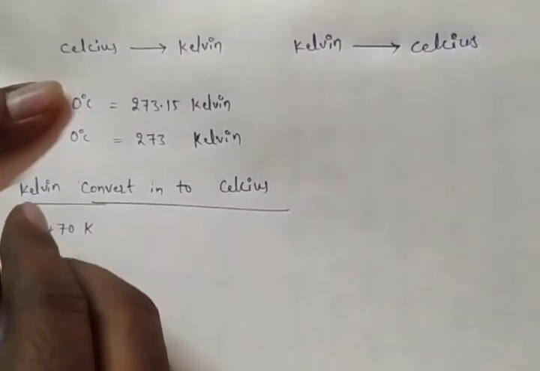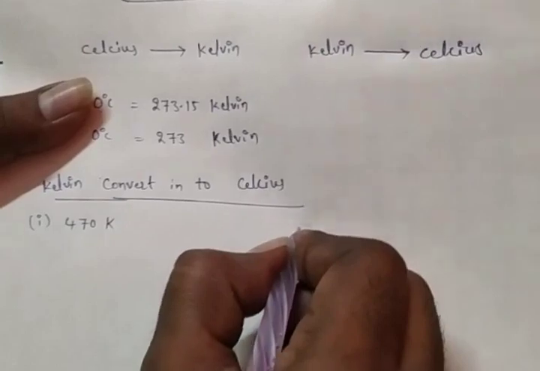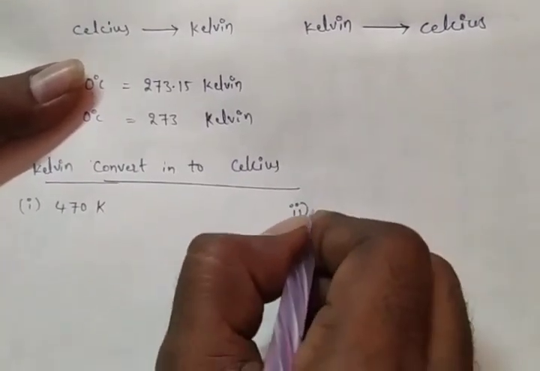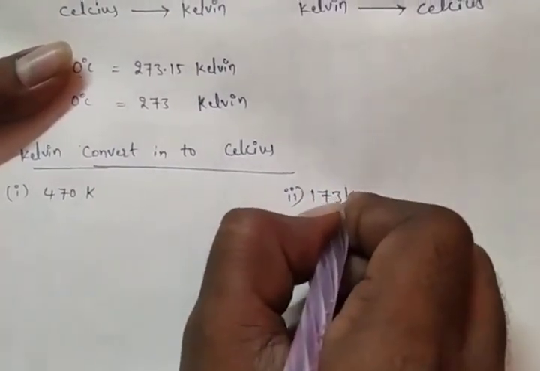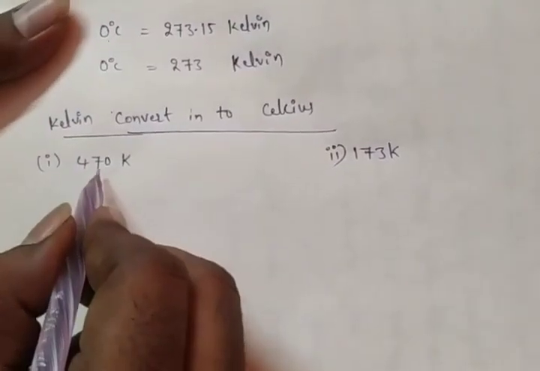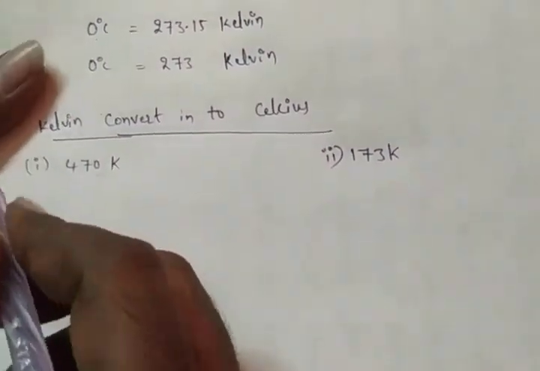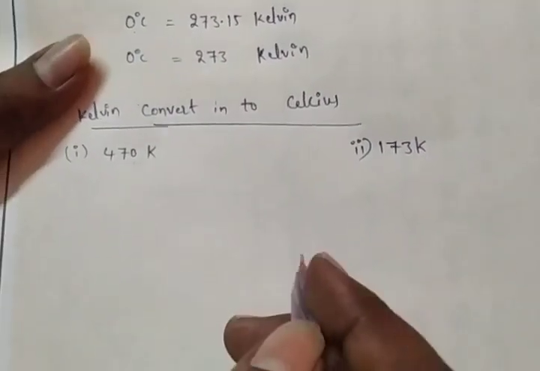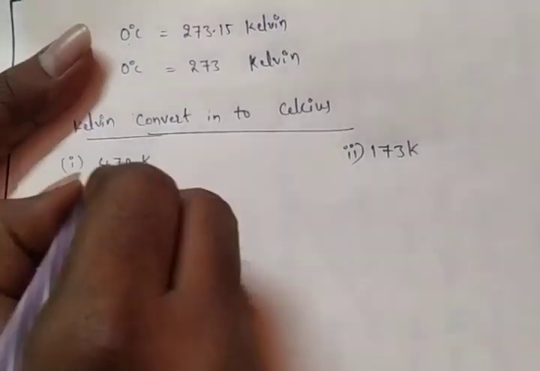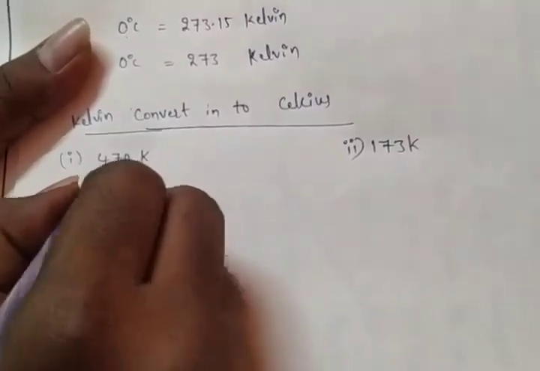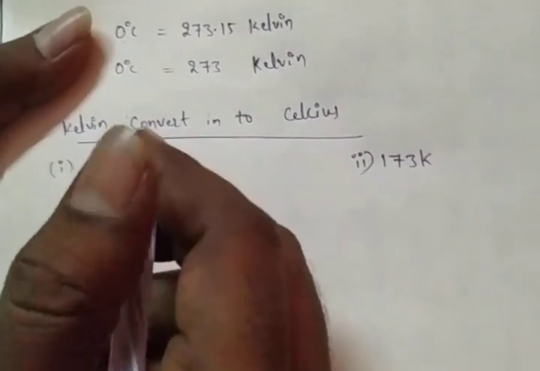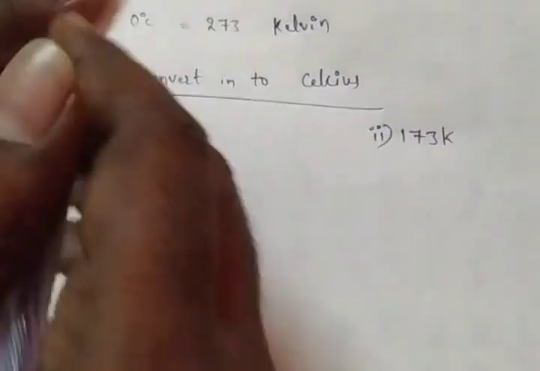K means Kelvin. And the second one is 173 Kelvin. Given these values in Kelvin, how can we convert them into degree Celsius? First, they gave 470 Kelvin. How can we convert this?